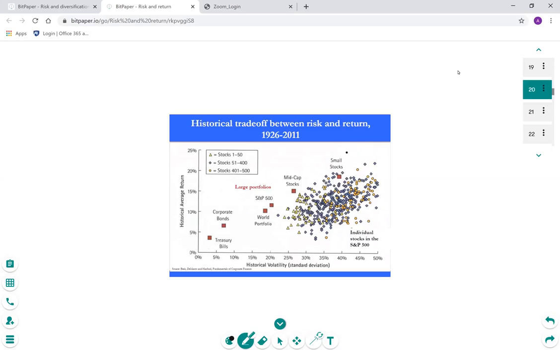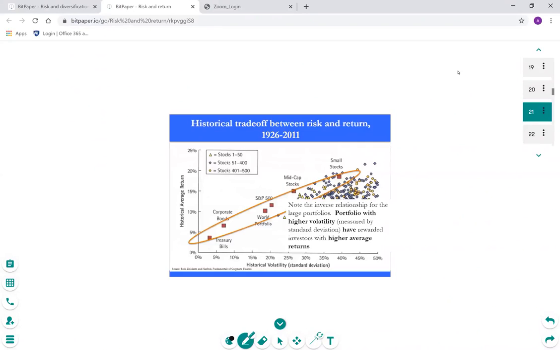If we're talking about this red square up in the top right, if we're talking about portfolios of mid-sized company stocks, those would have average returns of around 15% and a volatility of about 27%. Then over here we have larger portfolios such as the S&P 500 as a whole, as well as a portfolio of all world assets. Even further on the left, we have corporate bonds and treasury bills.